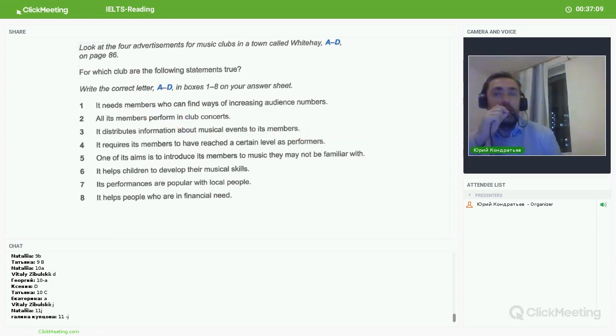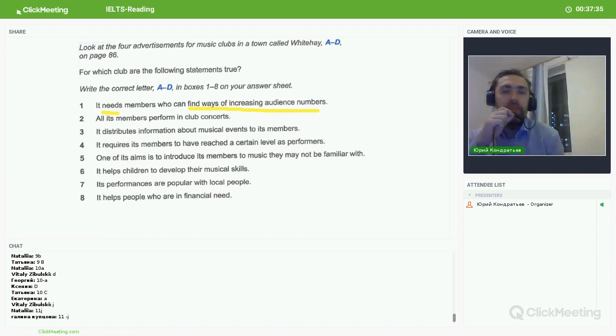This will not help you to differentiate between the texts because it will always talk about clubs and about members. So for number 1, what you need is to find a synonym for need and find ways of increasing audience numbers.